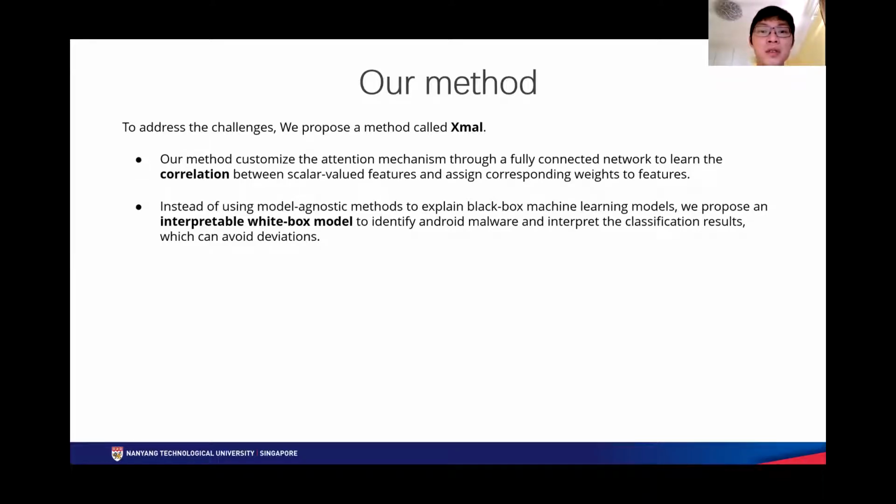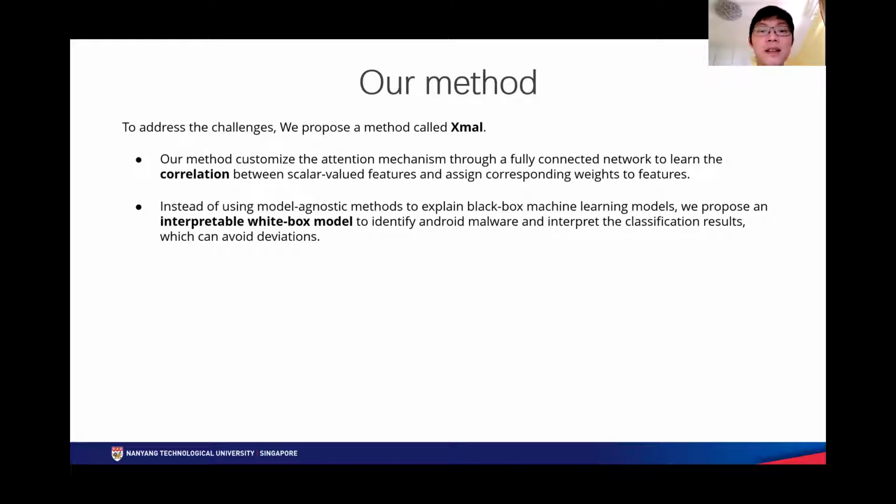So to address these challenges, we propose a method called XML. The main idea of XML has 2 points. One is that XML customizes the attention mechanism through a fully connected network to learn the correlation between features and then assigns corresponding weights to features.